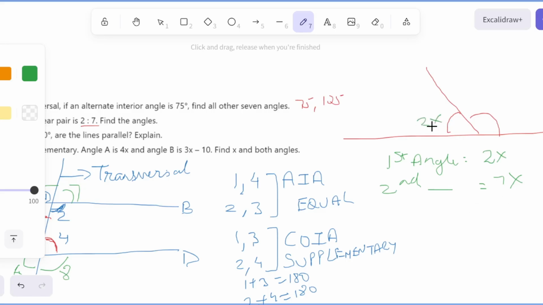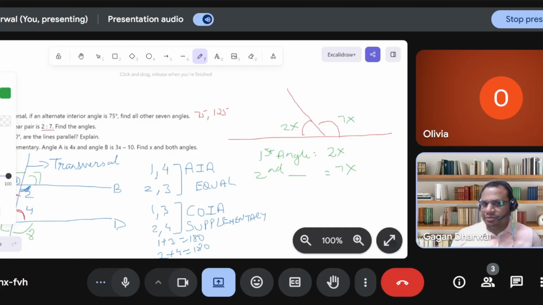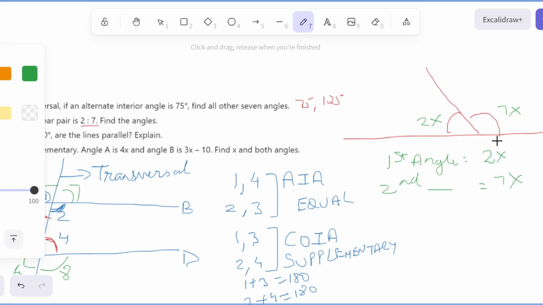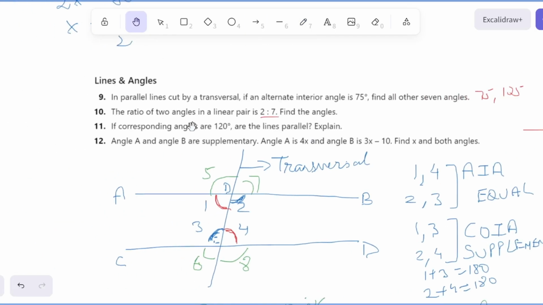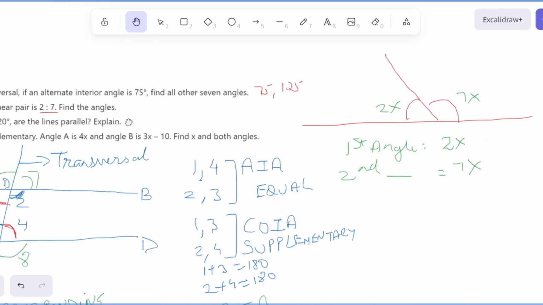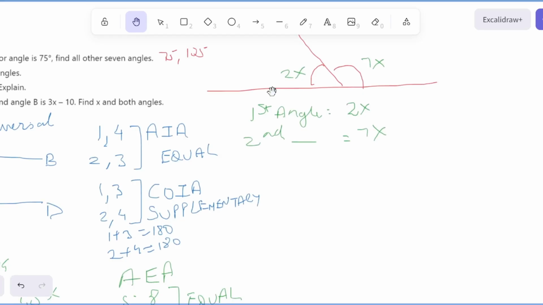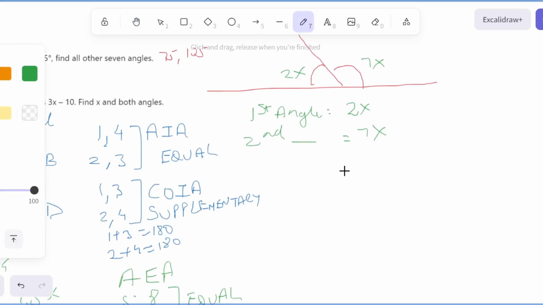Always, whenever any ratios are given, just attach the variable to those numbers they have given in the ratio. Now, are they not a linear pair? They are, right? And even the same thing they have written: two angles form a linear pair, right? So linear pair means they add up to... what is the sum of the angles forming a linear pair?